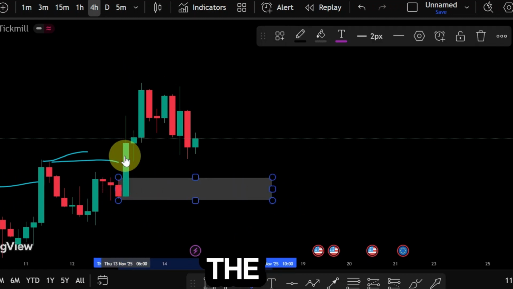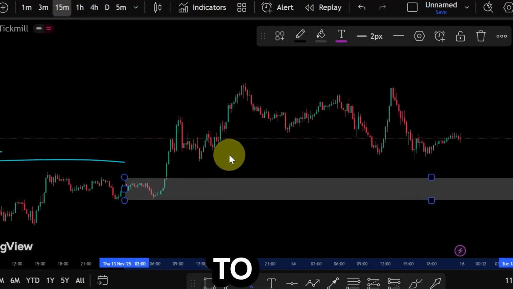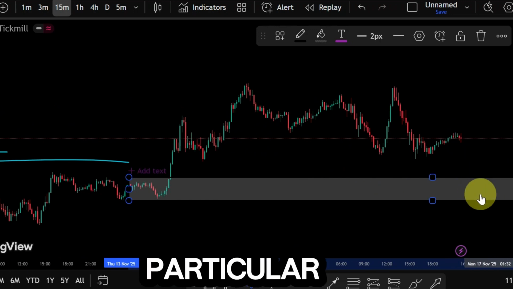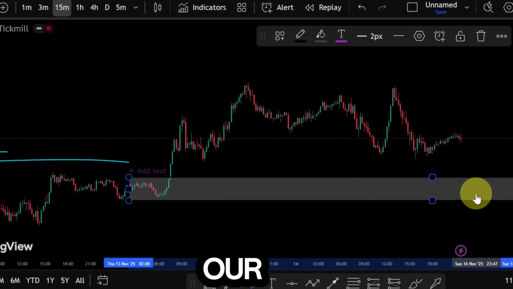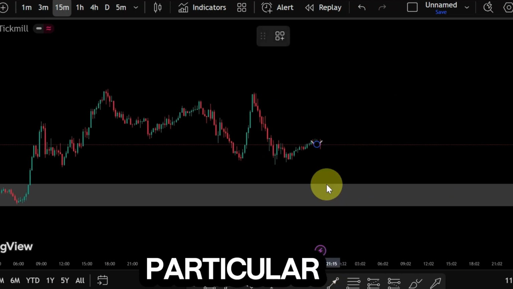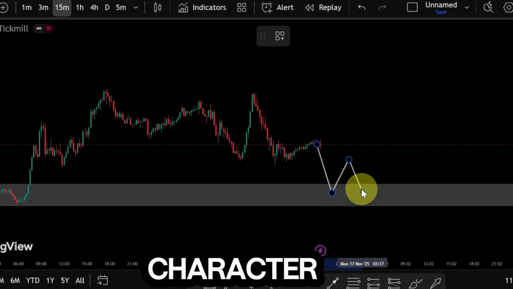Once I've done that, the next step is to go to a lower time frame. On the lower time frame, all we need to do is wait for price to retrace back into our order block. And once price retraces into this particular order block, all we need to do is wait for a change of character.